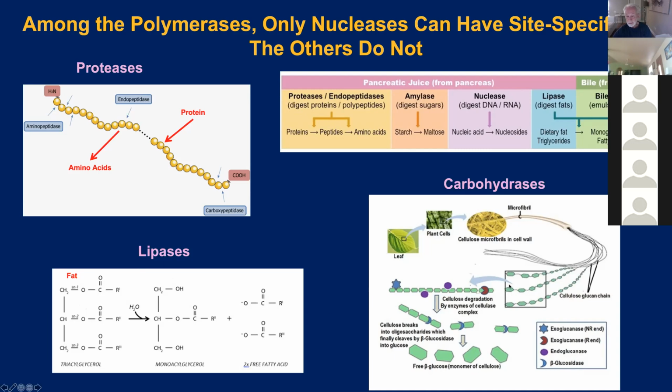And similarly, carbohydrases break down carbohydrates, which are polymers of sugars, and they can cut anywhere in the chain or at either end, but entirely non-specific.